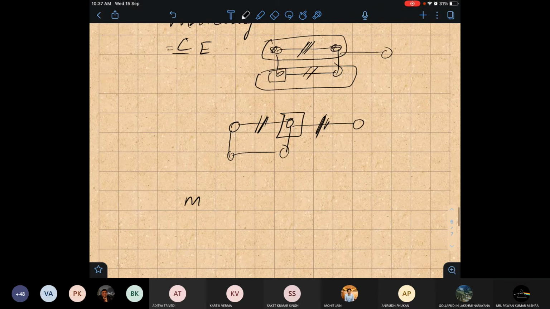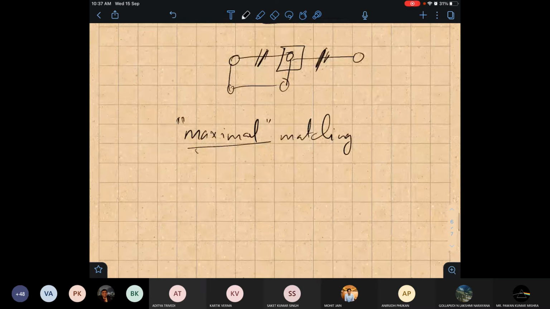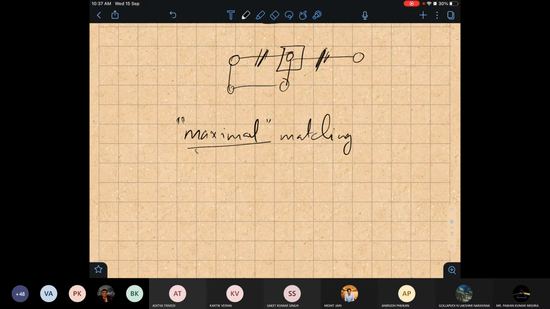So can we find a maximal matching in a graph? Any suggestion how to find a maximal matching? Sir, we can start with any node and remove all the edges associated with that node.